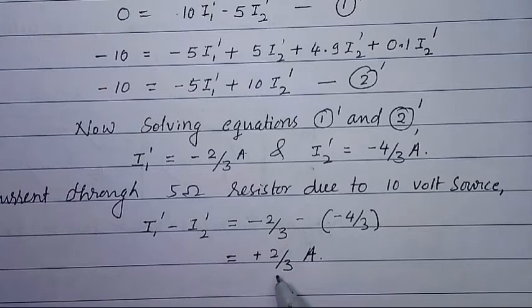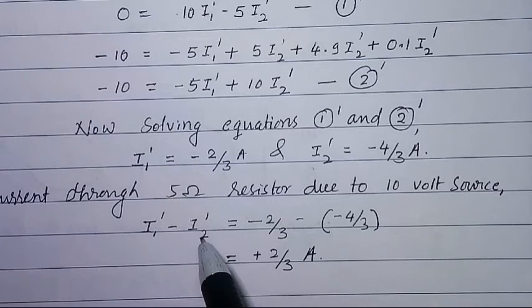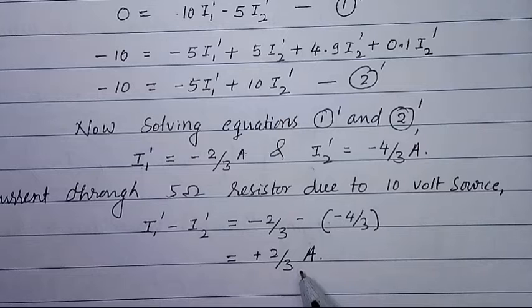Here you observe that I1 dash minus I2 dash is having positive sign, which means that this 2 by 3 ampere of current is flowing through 5 ohm resistor in the direction of I1 dash, that is downward.